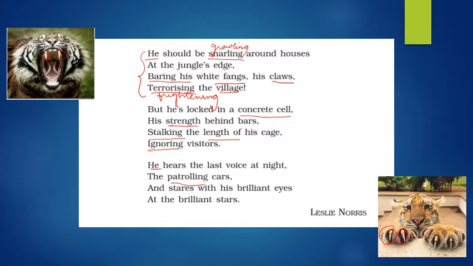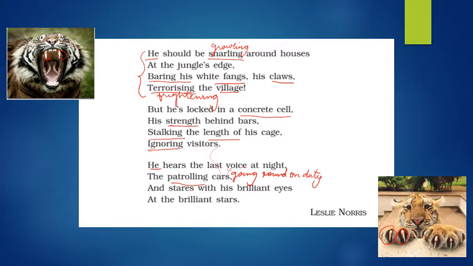Patrolling means going round on duty. And he stares with his brilliant eyes. The tiger stares at the brilliant stars. The tiger can do only one thing, that is simply staring at the stars.